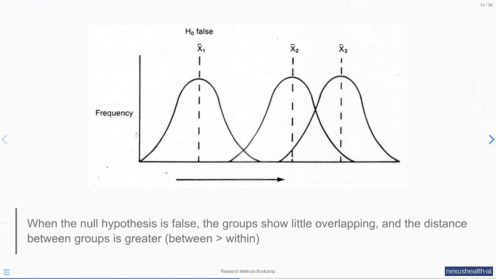If the null hypothesis were false, the groups will show very little overlapping, and the distance between the groups will be greater. That is to say, the between group variation is going to be found to be greater than the within group variation. And so this tells us that the null hypothesis is false, and there is a difference between groups.